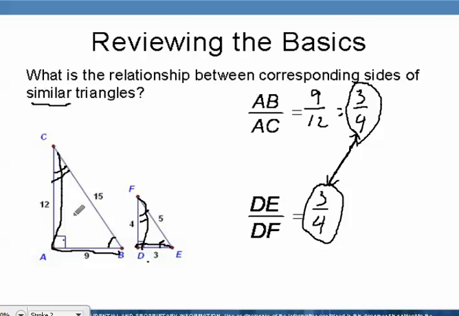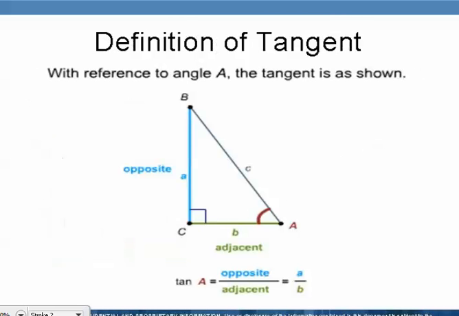And they said, that is a very interesting concept. And they started giving these ratios names. The first one that we're going to talk about is called a tangent. A tangent of an angle. So that means they knew they had a right triangle, but they had to look at one particular angle. So they said the tangent of an angle is equal to its opposite side divided by the adjacent side.